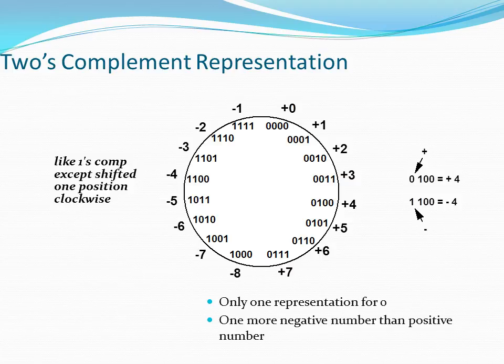Here we represent signed 2's complement representation using modulo n systems. Here n is equal to 16, so we have 16 representations, shown in the inner circle. Here also we have positive numbers from plus 0 to plus 7.